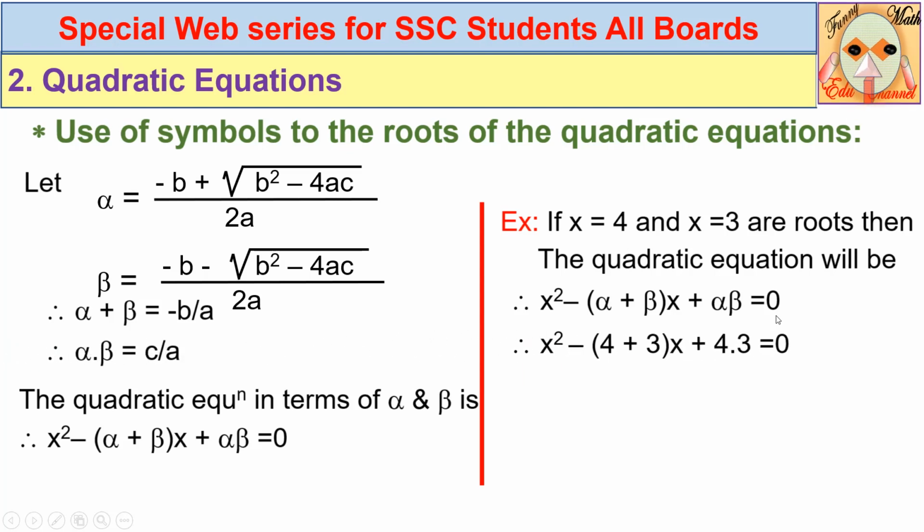You put the value of alpha as 4 and beta as 3. Let's see what happens here. You get x square minus 7x plus 12 equal to 0, because 4 threes are 12, and 4 plus 3 gives 7, with the minus sign due to the formula.